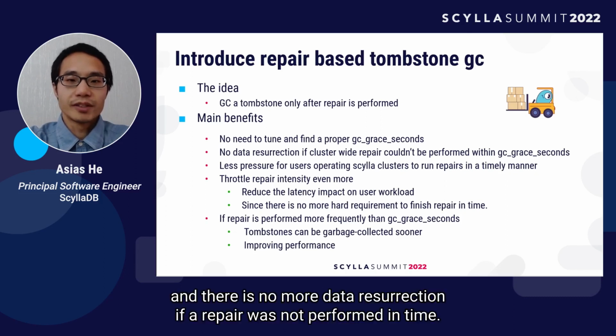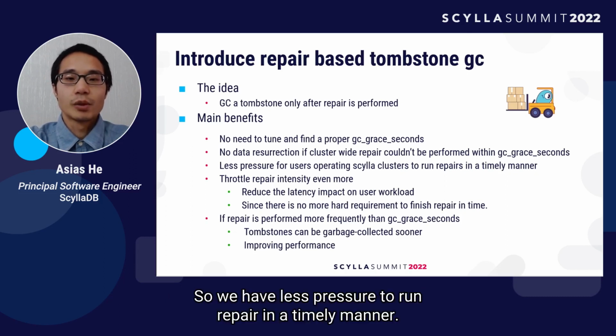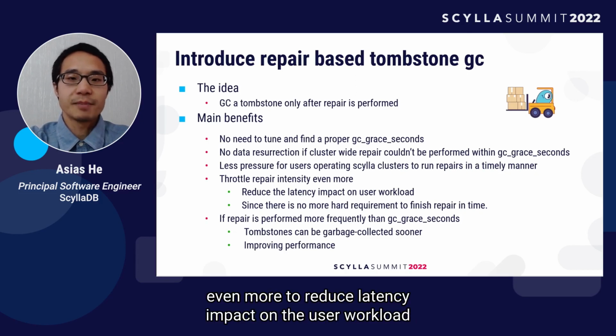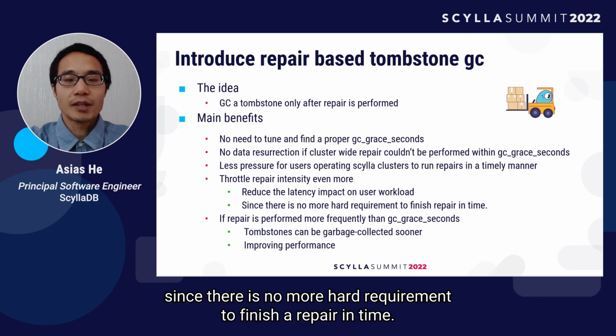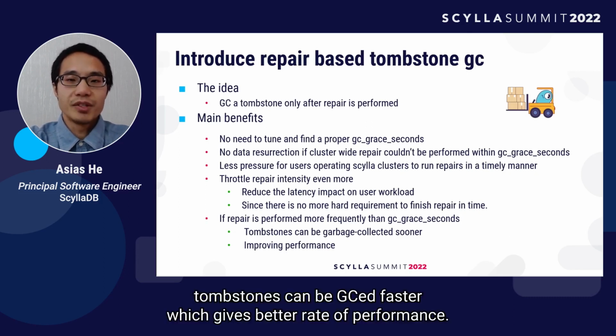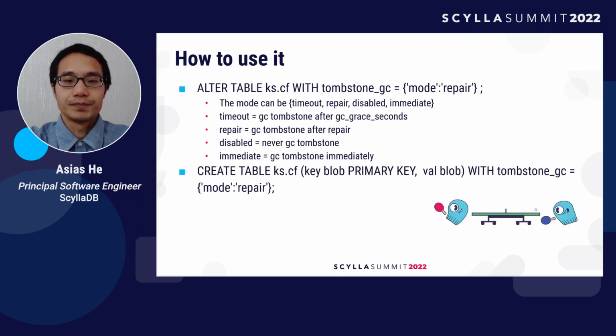And there is no more data resurrection if repair was not performed in time. So we have less pressure to run repair in a timely manner. As a result, we can throttle repair intensity even more to reduce latency impact on the user workload, since there is no more hard requirement to finish repair in time. If repair is performed more frequently than gc_grace_seconds, tombstones can be GC'd faster, which gives better read performance.